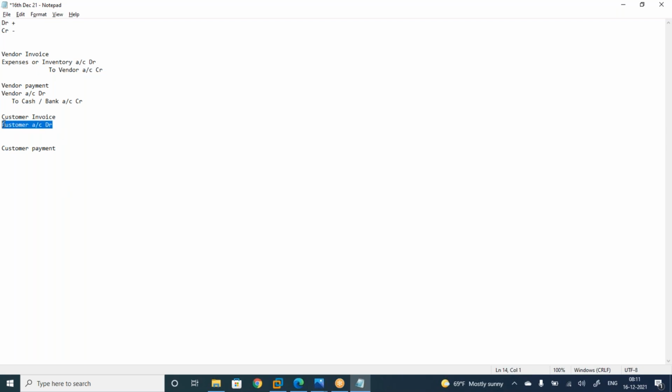I'm going to receive money from the customer. Then customer payment means customer has paid, then my cash balance or bank balance is increasing. So here it is sales revenue account. Here customer credit.